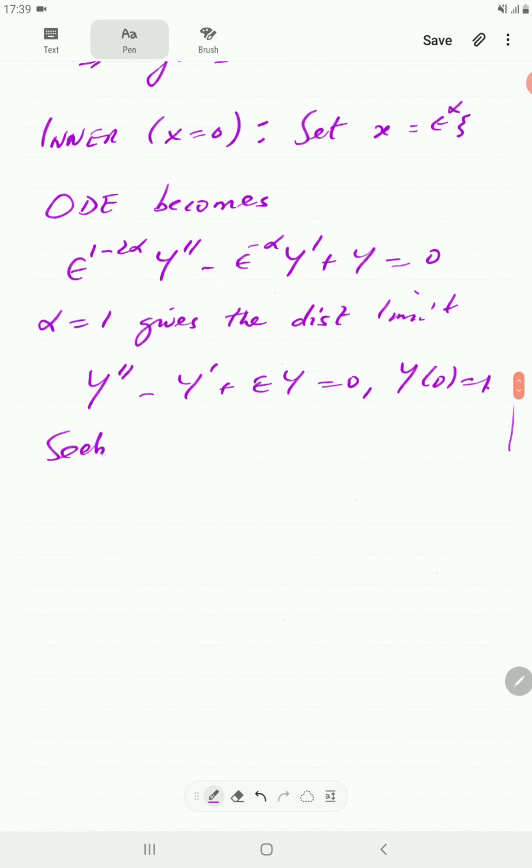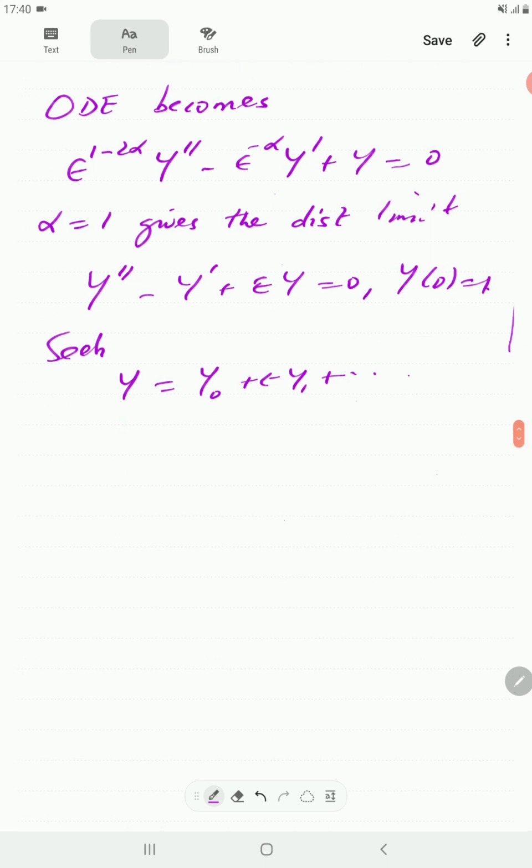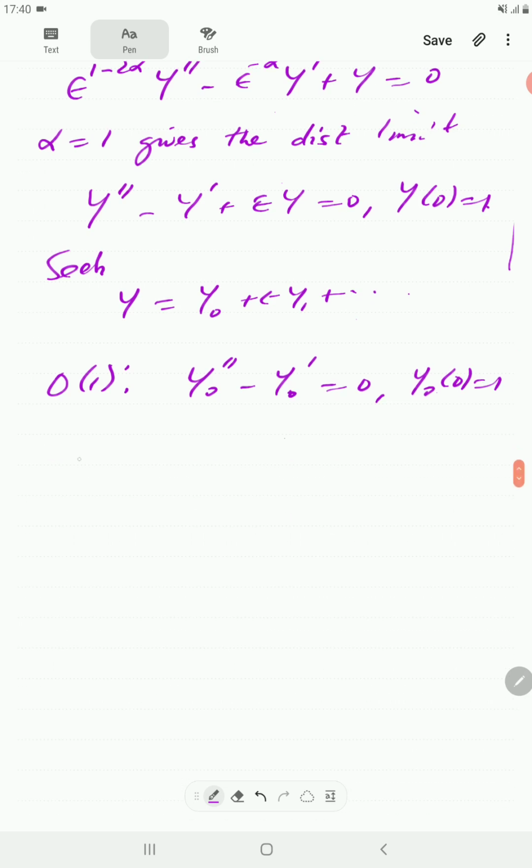Then this time, if we expand y in this form, the leading order equation of y naught is going to be y naught double prime minus y naught prime equal to 0, subject to this condition here.